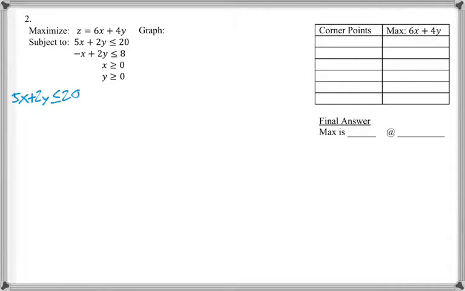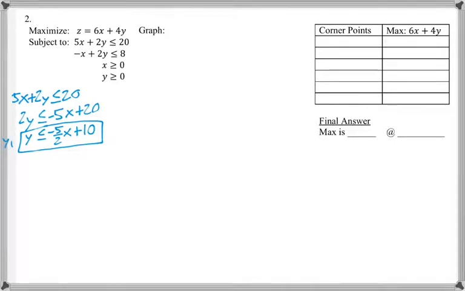On the first one, I'm going to subtract 5x from both sides. Then I'm going to divide by 2. So this is going to be my y1.